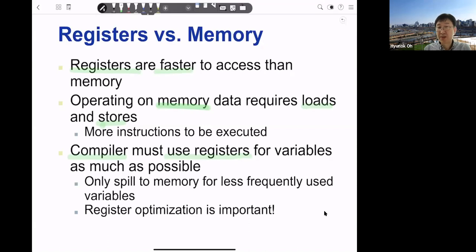But the number of registers is limited. In this case, there are only 32 registers. So if we are using many variables, we need memory. In that case, the compiler spills the register values to the memory. So register optimization is actually the compiler's work.